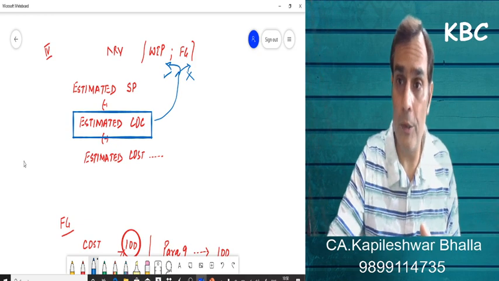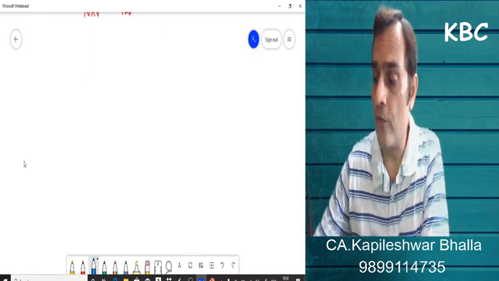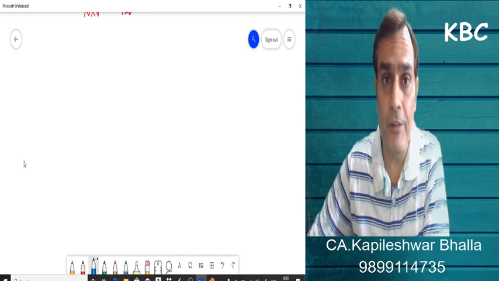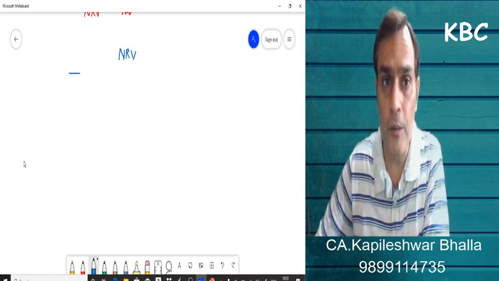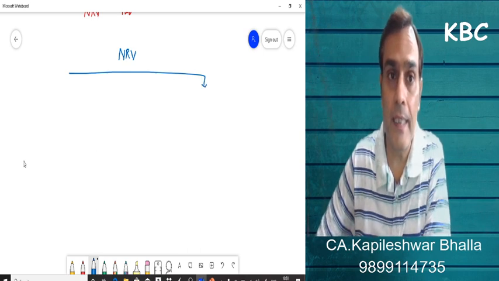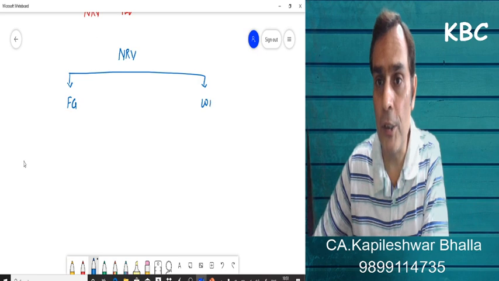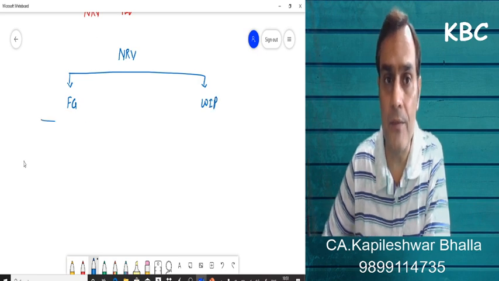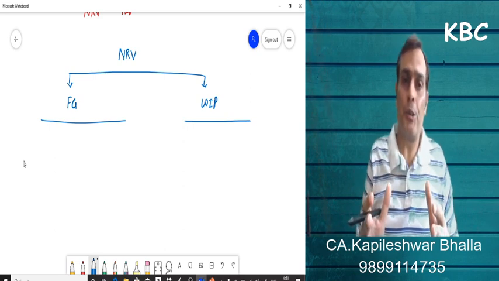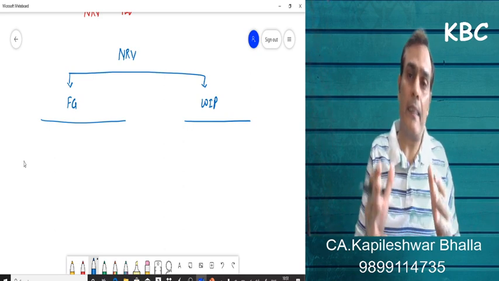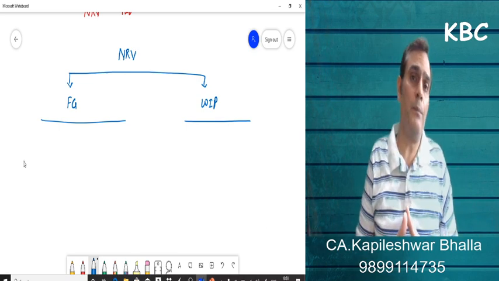So I think what we need to do to get a clarity of thought is to first of all segregate the definition of net realizable value into two different parts. Let's give a separate definition for FG and a separate definition for WIP, so that once you're doing a question, you clearly know what net realizable value for FG is and what it is for WIP.